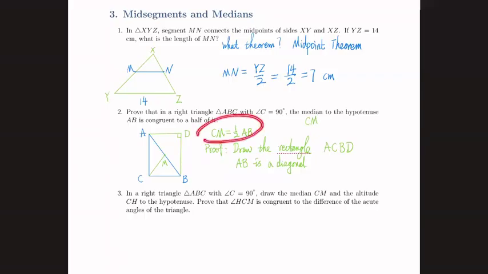Now why is CM half of AB? Eric, waiting for you. Why? It's useful information. How do we use this?